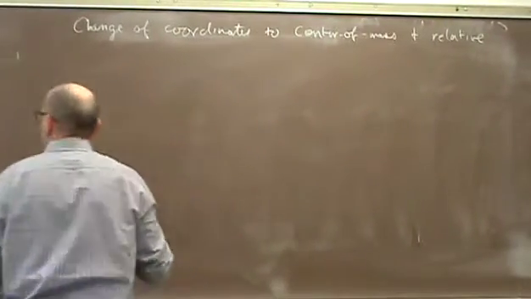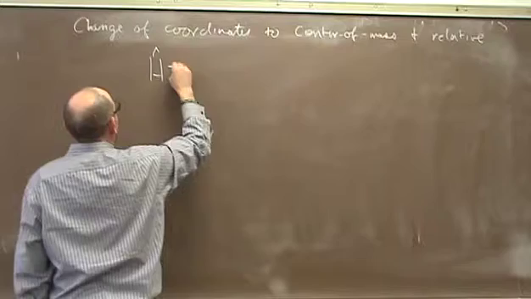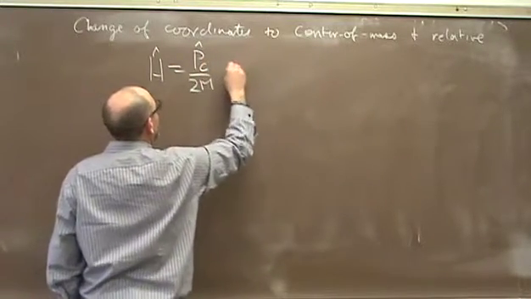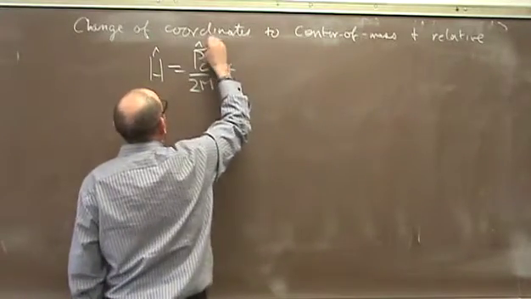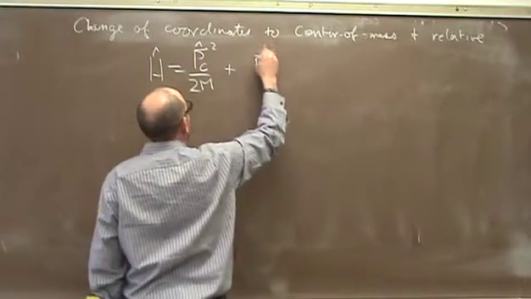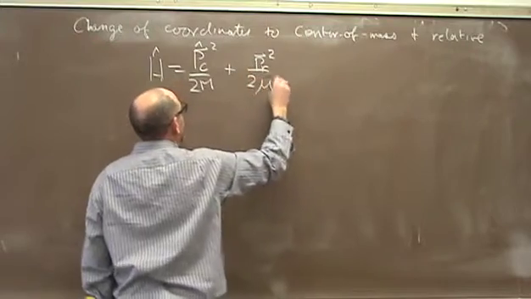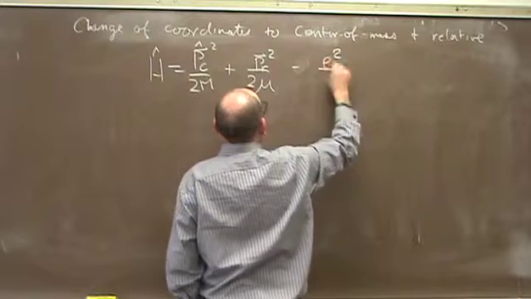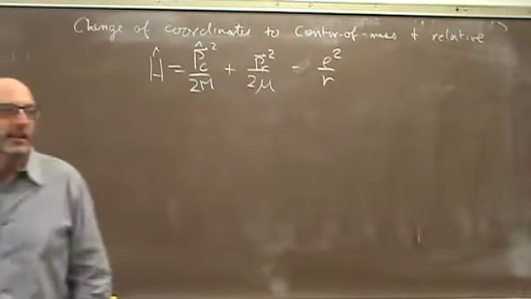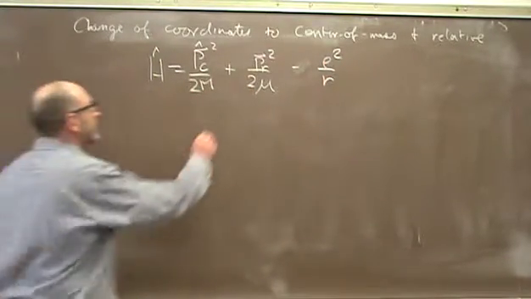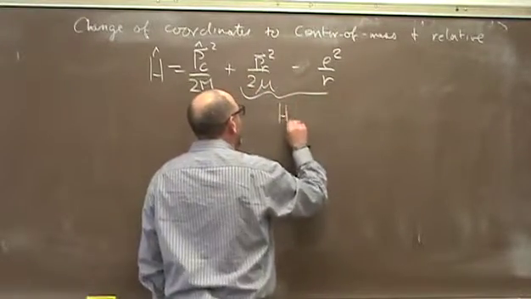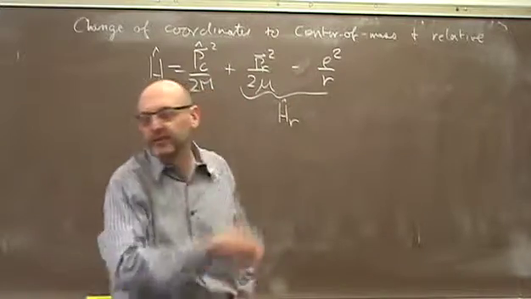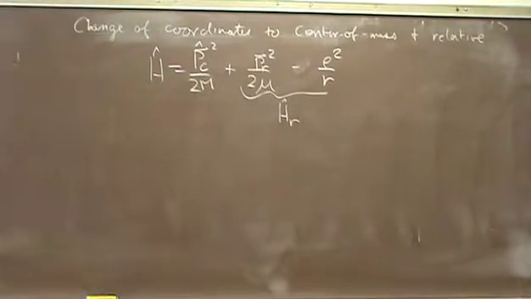And when we do that, my Hamiltonian is, call it C, with a relative momentum, reduced mass, and then e squared over r. And this is the Hamiltonian of the relative motion of the electron relative to the nucleus, or whatever it could be. It could be positronium, whatever you like.